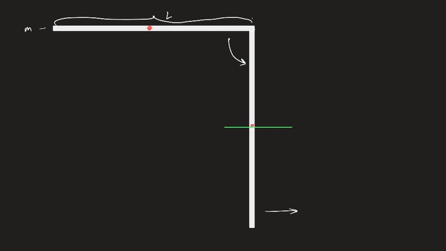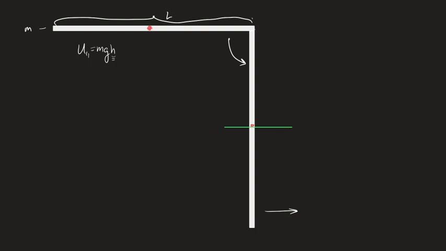So when gravitational potential energy is measured as mgh, this h is based on the lowest point the center of mass will go. Again, the reference level is based on the motion of the center of mass.